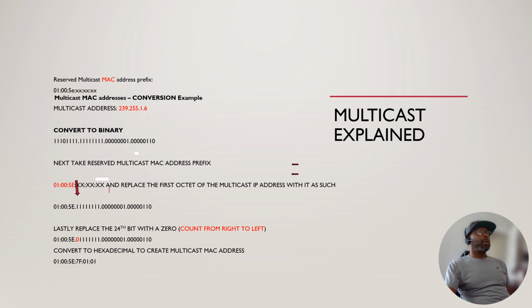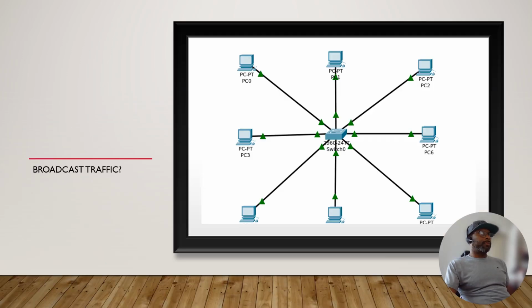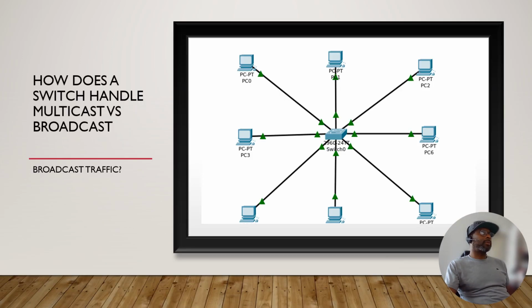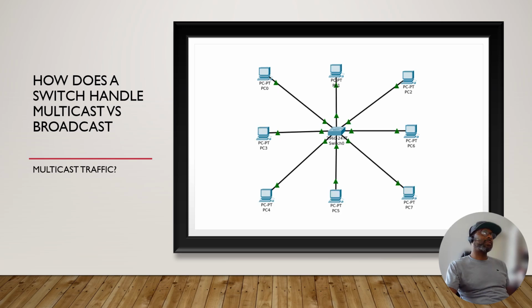All right, so now, how does a switch handle broadcast traffic? The switch will flood broadcast traffic out of every one of its ports because it needs to know how to get to every device connected to it.